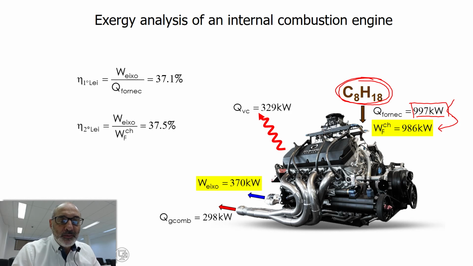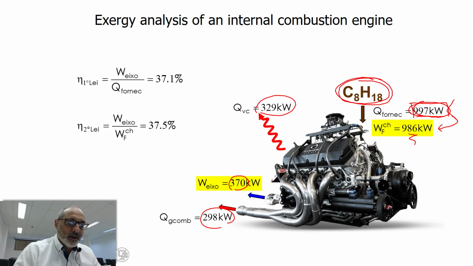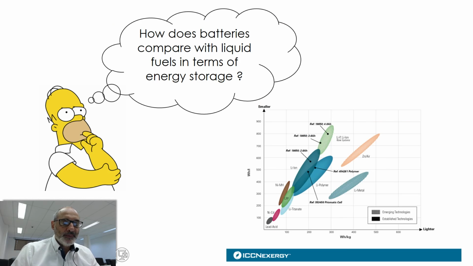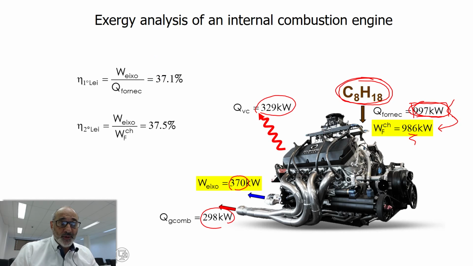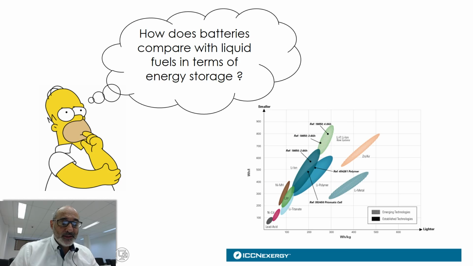So this is the supplied exergy to the system, and this is the supplied heat to the system. I get 370 kilowatts at the shaft. I have this being removed by cooling systems, and I have this amount of heat being removed associated with combustion gases. And well, this summarizes the example.